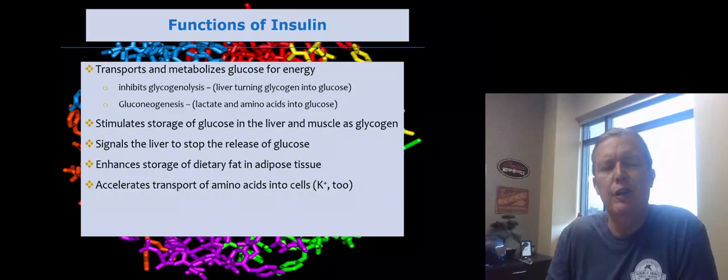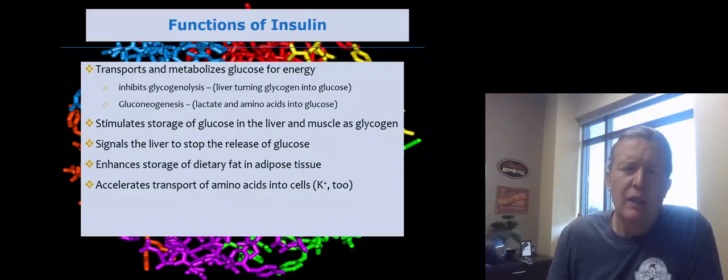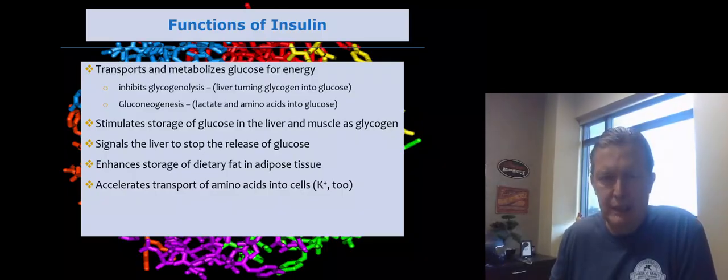So in the process of consuming nutrients, insulin is secreted from the pancreas and inhibits glycogenolysis and also inhibits gluconeogenesis. Those are the processes by which the liver ultimately produces glucose in a fasting state.